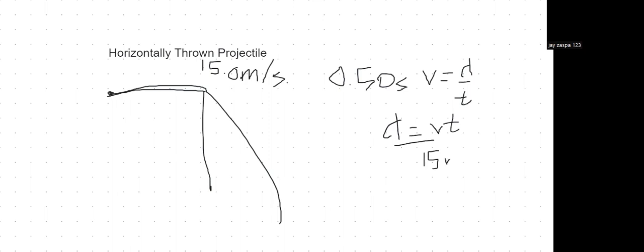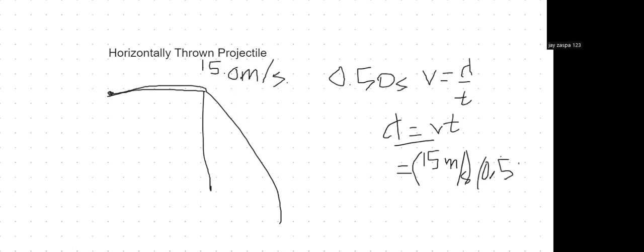we'll just write it here: 15 meters per second times, you can write it in open parentheses since it's a multiplication, 0.50 seconds. Sorry for my writing.